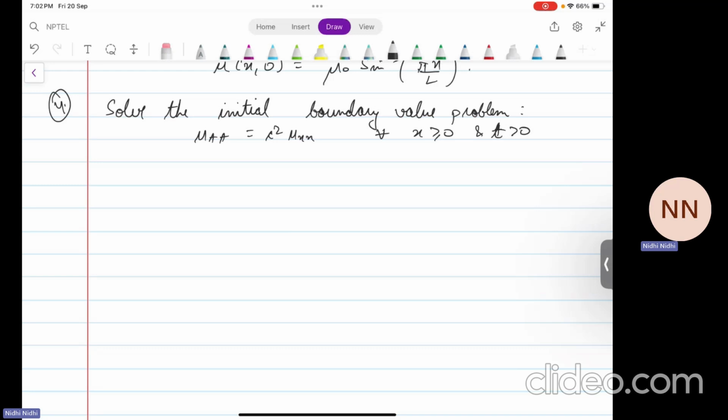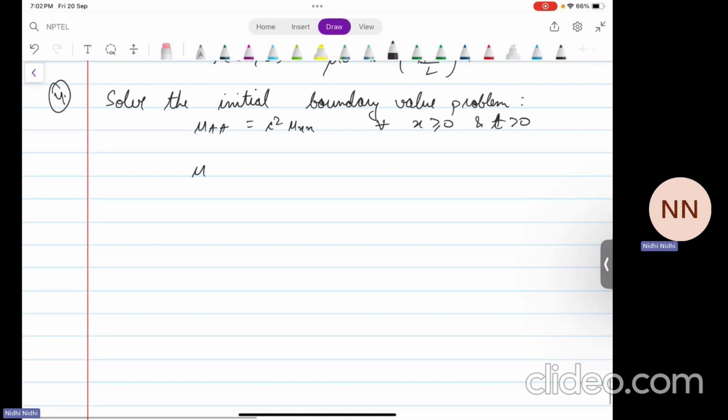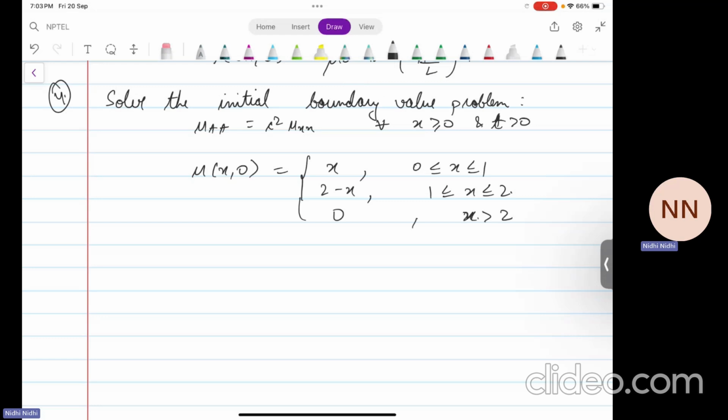So we will be using D'Alembert's method to solve this problem. So let's see what are the initial conditions given here. U(x,0) is x for x between 0 and 1, 2 minus x for x between 1 and 2, 0 for all x greater than 2.